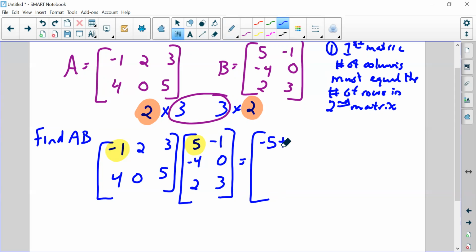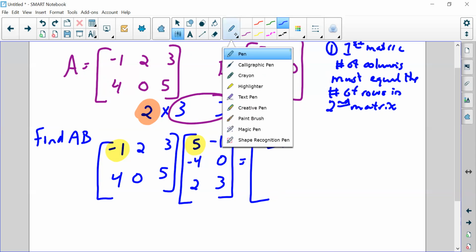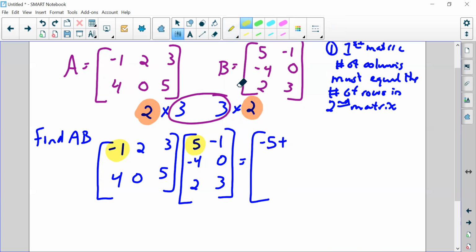Plus, and this is still in my first row, first column entry, now I'm going to do plus this number times this number. So what's 2 times a negative 4? Add a negative 8.